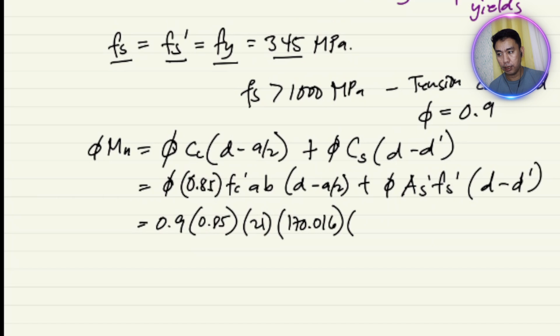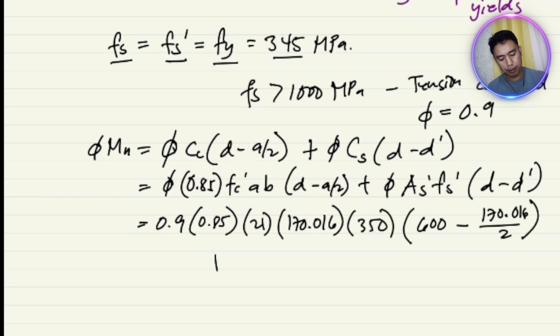And our B natin is 350. Okay. And then times the moment arm of D minus, so D is 600 minus A over 2, 170.016 over 2. Dito ko na lang ilagay sa baba ang next equation, which is 0.9. Ano yung AS prime?